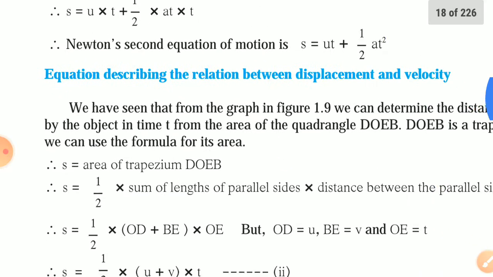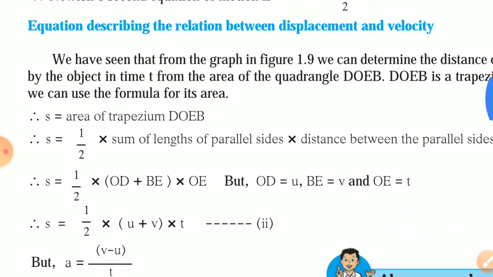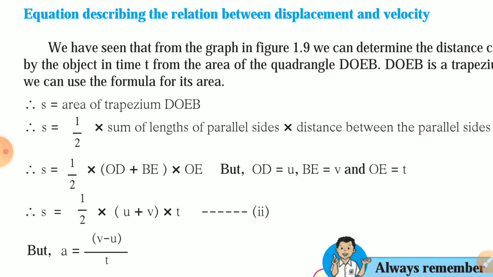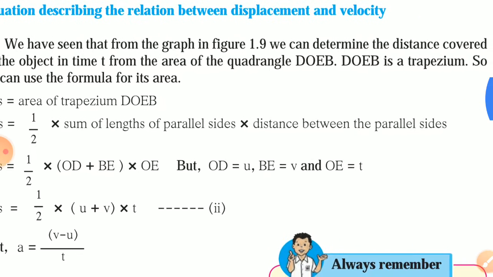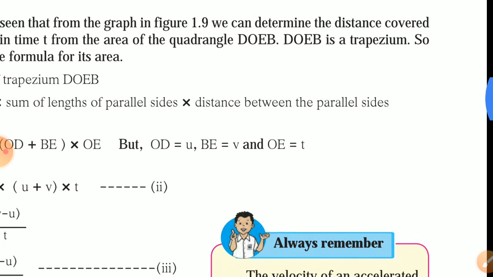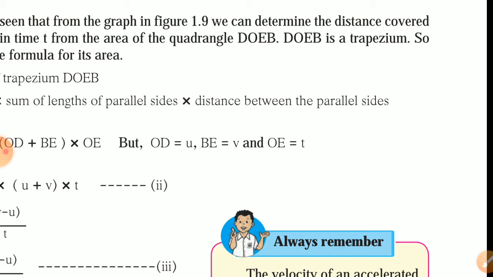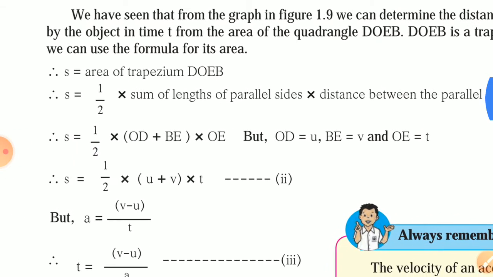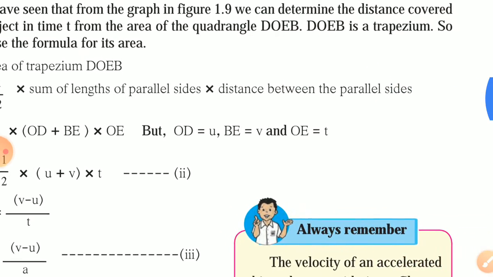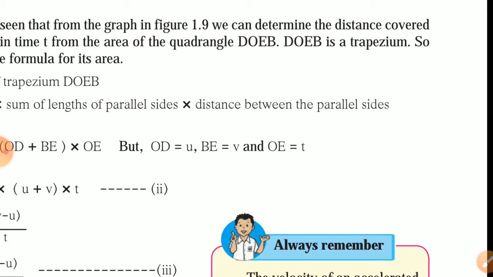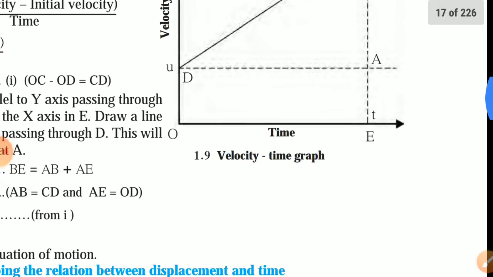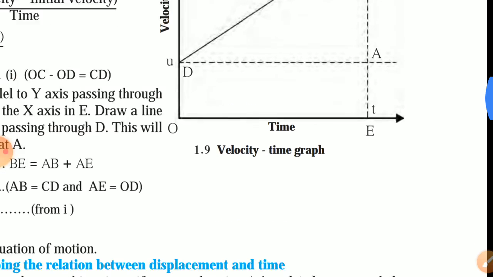Now let us derive the third equation, describing the relationship between displacement and velocity. We have seen from the graph in figure 1.9 that we can determine the distance covered by an object in the time t from the area of quadrangle DOAB.